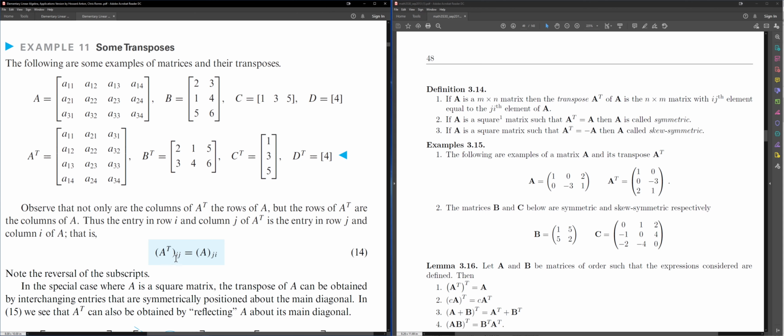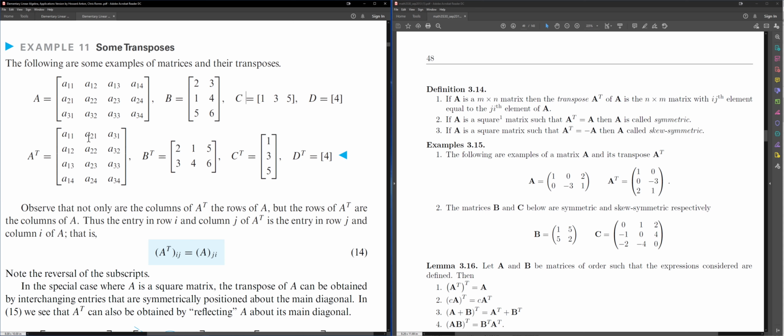Let's consider the case when i is equal to 1 and j is equal to 2. So we're looking at an element in row 1 and column 2 of A transpose. The element in row 1 and column 2 is A21 over here.